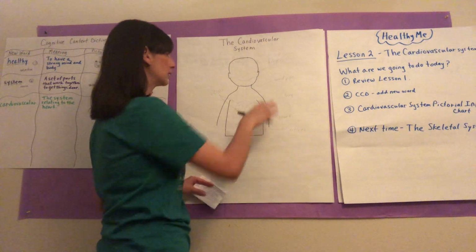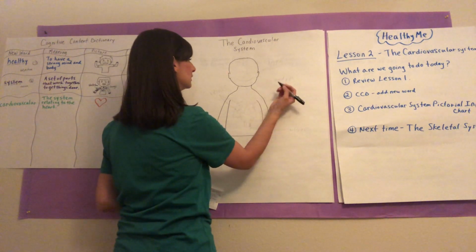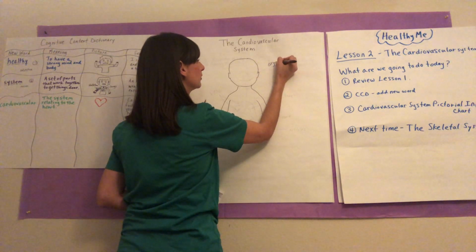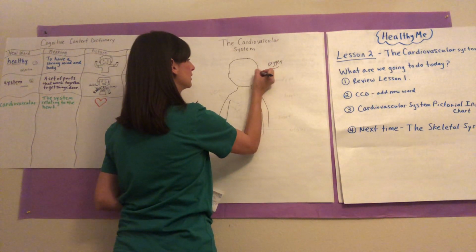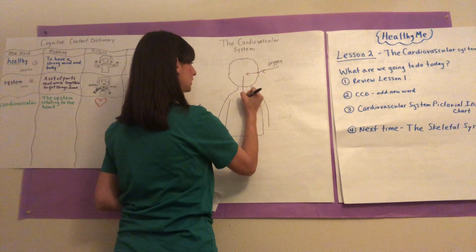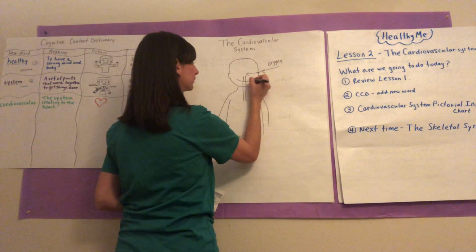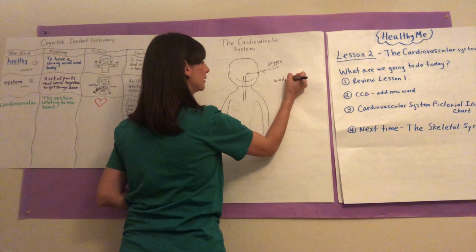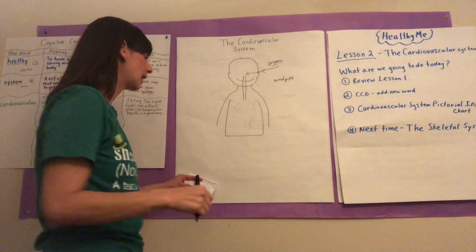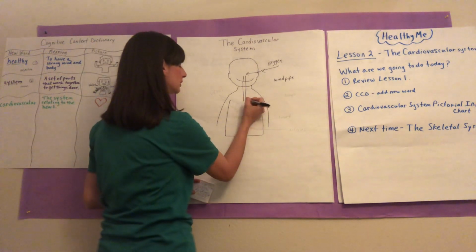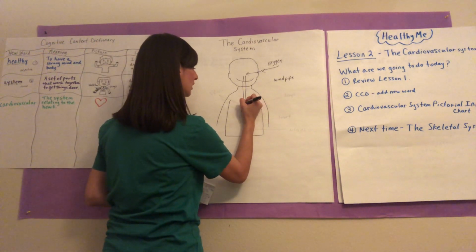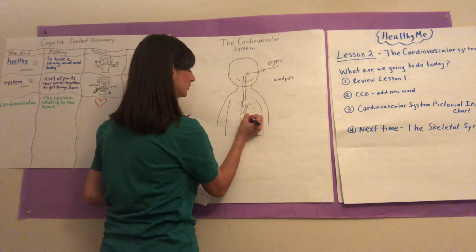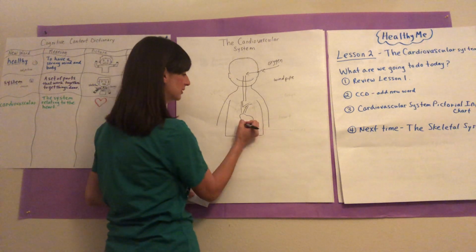Okay, so we're going to start with oxygen. So we breathe in oxygen through our nose and mouth. Okay, and that goes down our windpipe. Okay, and that oxygen is pumped to our heart, which is to the left side of the middle of your chest.